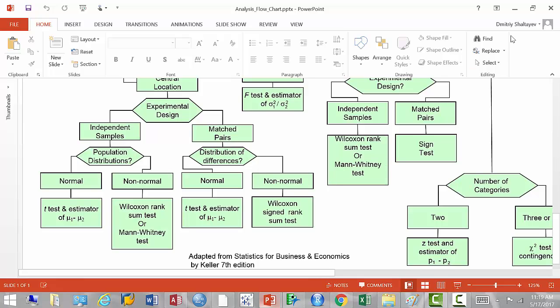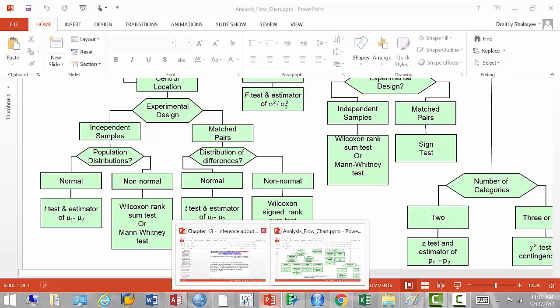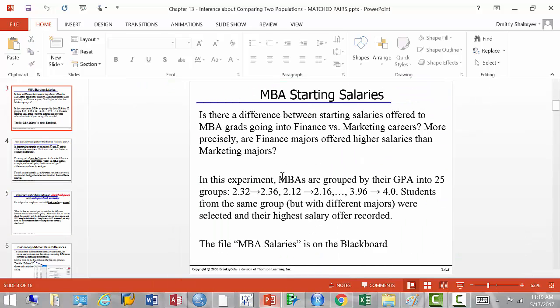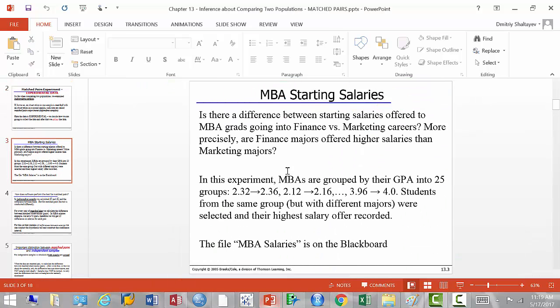I don't need to look at the p-values because writing down the hypothesis is just a matter of addressing the question posed in the problem. So let's go back to the problem and see what the original question was. Is there a difference between starting salaries for MBAs from finance and marketing?